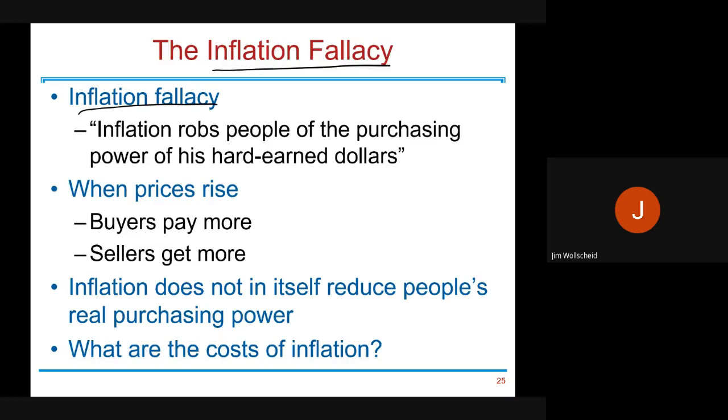But when prices rise, buyers pay more, and sellers get more. Just a reminder that wages are part of selling. As the price goes up, a business gets more money, and when they get more money, usually they pay their employees more. So it doesn't really reduce our purchasing power, because as prices go up, the price of everything goes up, including wages.